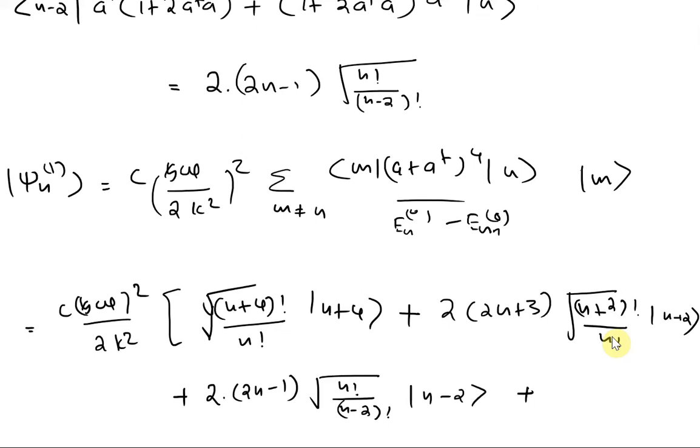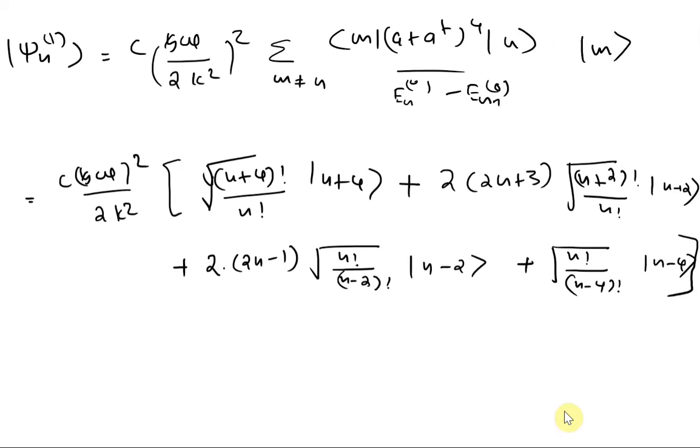Plus the fourth one, which is going to be similar to the first term. The difference is that n factorial will be coming on top, n factorial divided by n minus 4 factorial, which corresponds to n minus 4. So these are the different components which are coming in our correction.